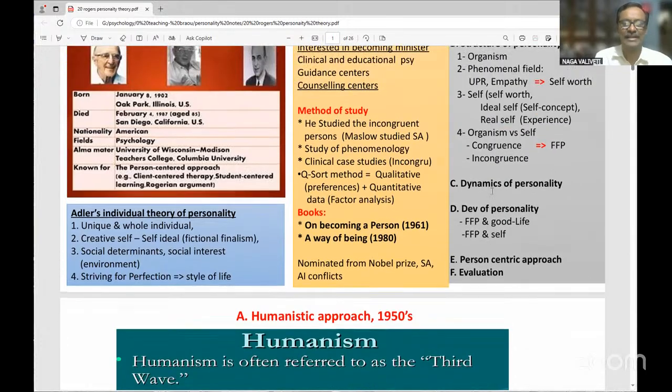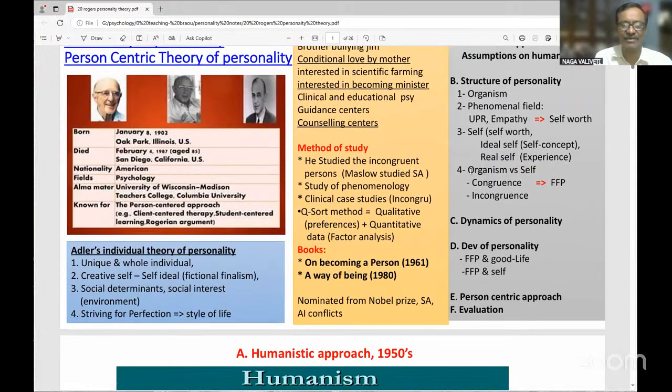So then there is organism versus self. Always we will be comparing our ideal self with the real self. When you draw Venn diagrams, if the overlap of these two is more, then we call it congruence.